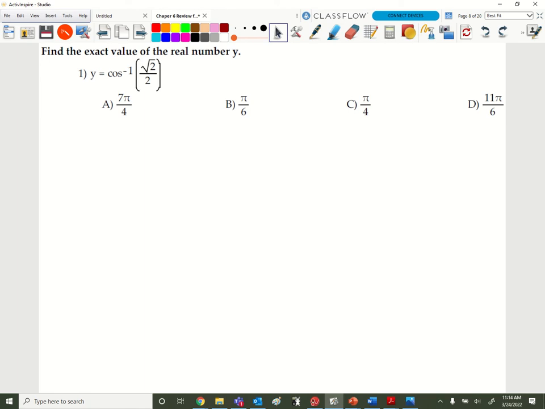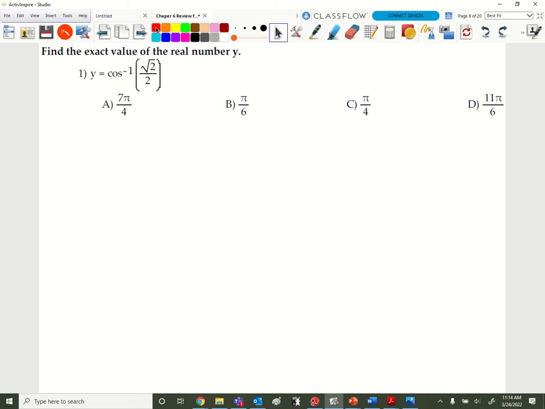Find the exact value of real number y. So in this case, if I take my unit circle, and I'm trying to figure out where inverse cosine is going to be rad 2 over 2, and it's positive, so that should be quadrant 1 at pi over 4.